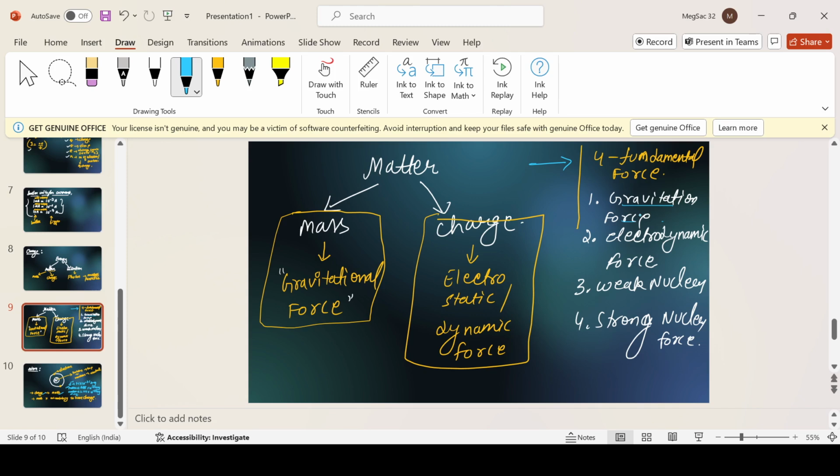Now, any nature change that comes from mass gives rise to the gravitational force. Similarly, charge gives rise to the electrostatic or dynamic force. Even when you write on the board with chalk, that is also electrostatic force.